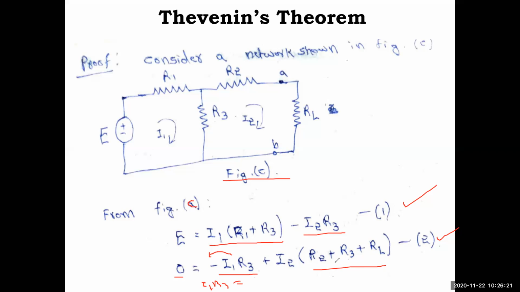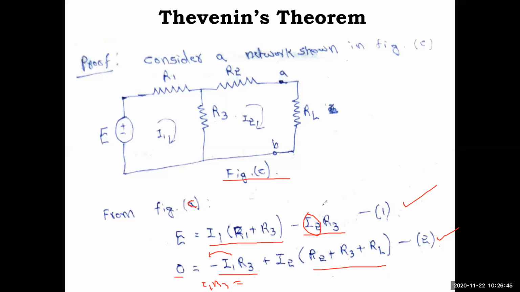What is I1 then? (R2 plus R3 plus RL) into I2 by R3. So this I will substitute back in equation 1 where I1 is there. Okay, and then I will get a complete expression. All the elements of the circuit will come in a single equation, because this complete expression I have substituted here, right? So that will be the final equation.